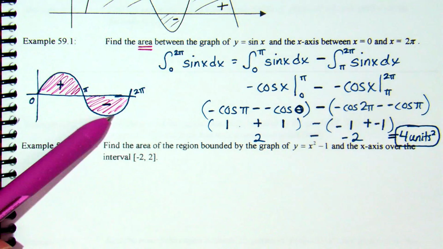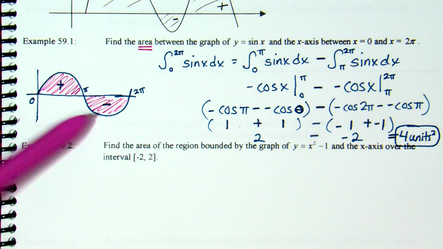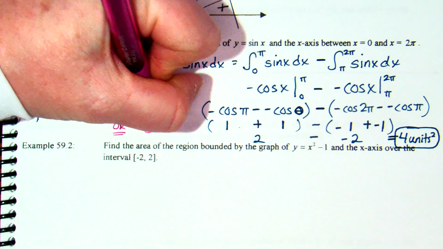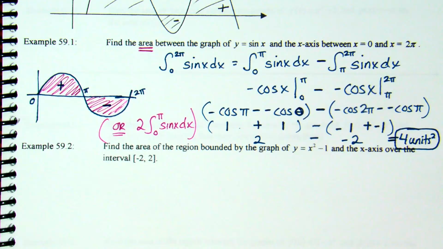I realize my graph does not look exactly symmetrical, but you know in your brain they are symmetrical. Because this mountain and this valley are symmetrical, you could have legitimately done 2 times the integral from 0 to pi of sine x dx. That is definitely a legitimate direction to go.